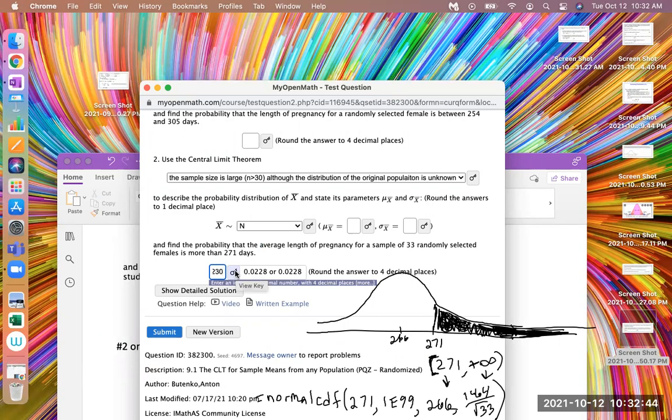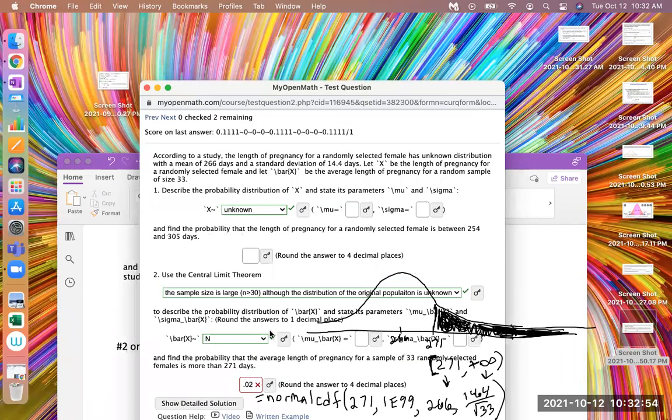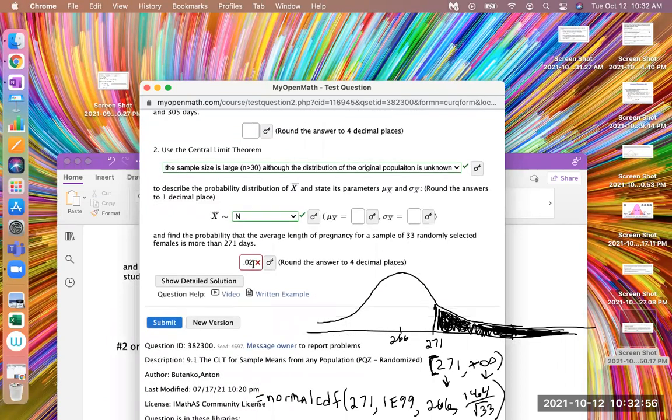And if they don't like this answer, it's probably because they want us to input this 2.5 and I'm being overly accurate. Yeah, they actually don't like my answer because I was overly accurate and I'm not using the standard deviation that they have stated above, which kind of makes sense, I guess. They want us to use their standard deviation that they have already.